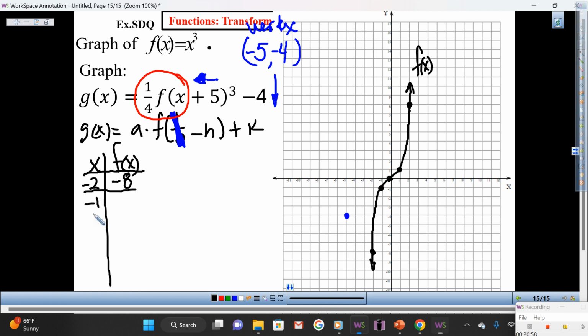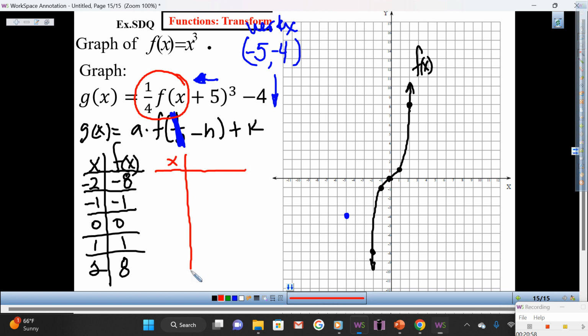Next, -1, -1, 0, 0, 1, 1, 2, 8. All right. And next to it, we're going to write our red one. x, 1/4 times f of x.